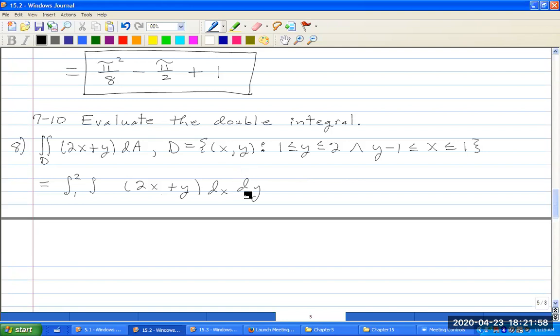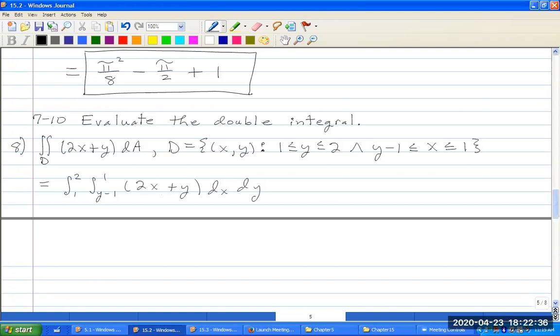And so these limits here can be variables of y. That's fine. They cannot be variables of x or anything else, but they can be a variable of y. This, since it's the outermost, must be a number. It can't be a function of anything else because there's no variables here. And so this is the integral from y minus 1 to 1. Oh, I guess I wrote it wrong the first time, but it doesn't really matter.